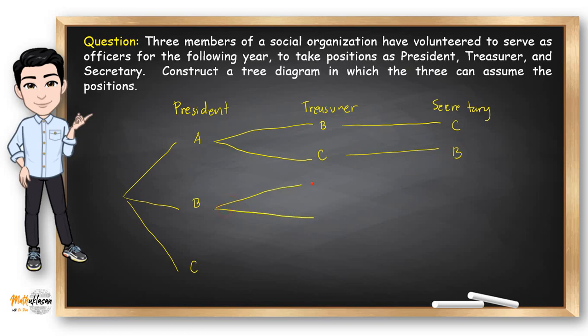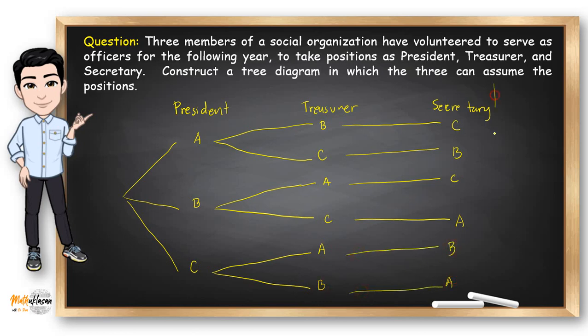And by doing this pattern, we will also have here A and C, then C and A. Oh, I guess I need to choose capital letters for this one. Yeah, okay. So about here, we have the choice for A and B, and then B and A.